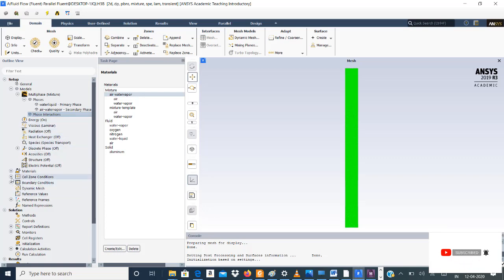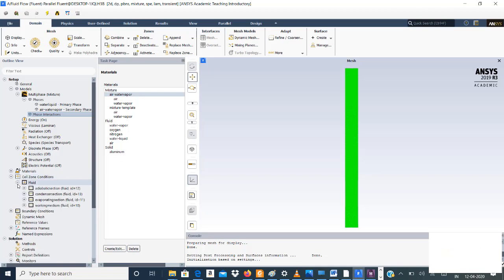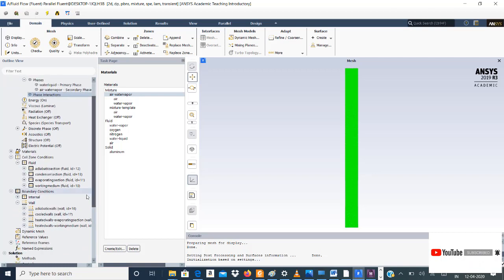After that, I'll go into the cell zone conditions, in which is a fluid mixture: adiabatic section, condenser section, evaporating section, working media. And in the walls, as I stated, in the heated wall section the temperature should be 200 degrees centigrade, which means 473 Kelvin. I'm using the ANSYS academic version, so the cell count is less than 50,000.